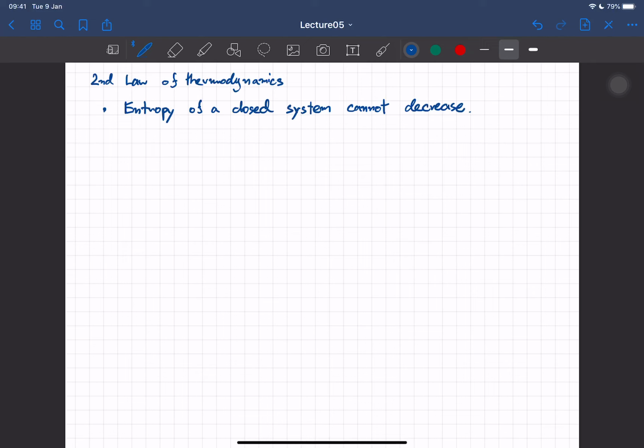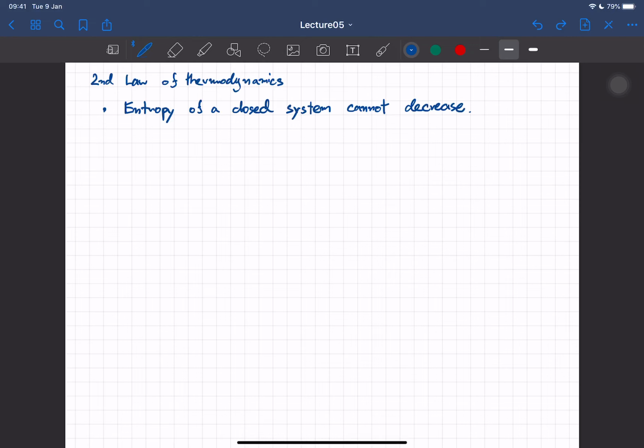Okay, so it's a very concise statement that contains many hidden definitions in it. So let's talk about what it is. What is entropy? Entropy is a quantity where usually we talk about the change in the entropy, not the absolute value of entropy.